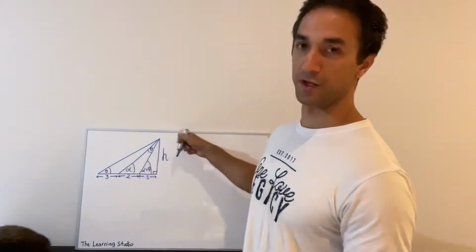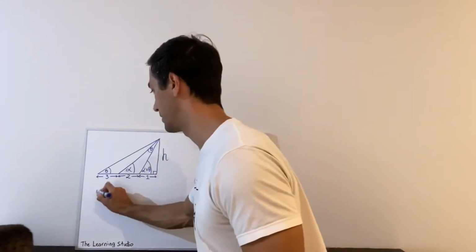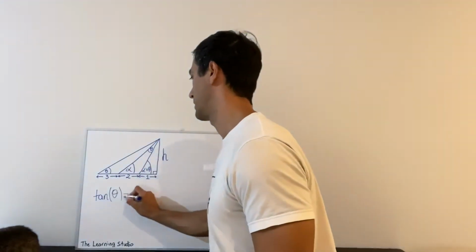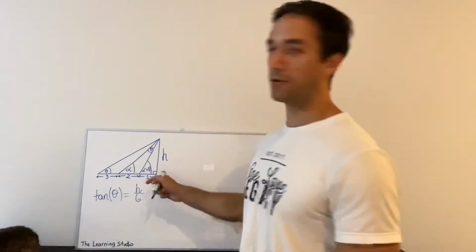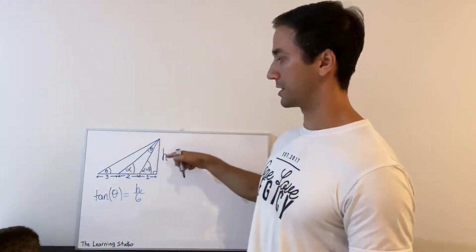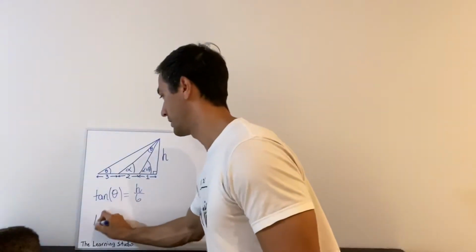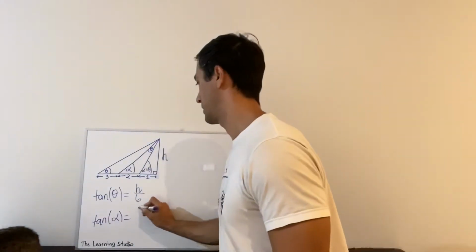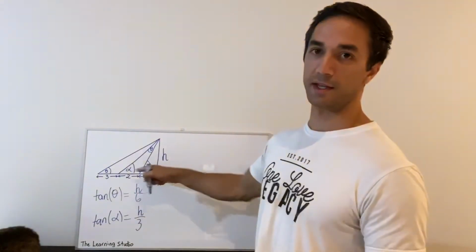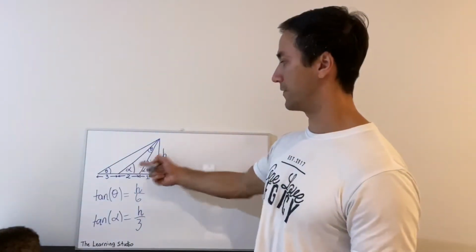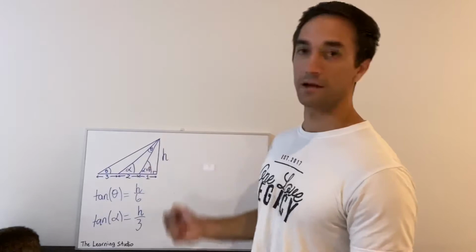So firstly, if we're using this big right angle triangle, we have that tan theta is opposite on adjacent, so it's going to be h over 6. And using this second right angle triangle, we get that tan alpha is going to be h over 3.